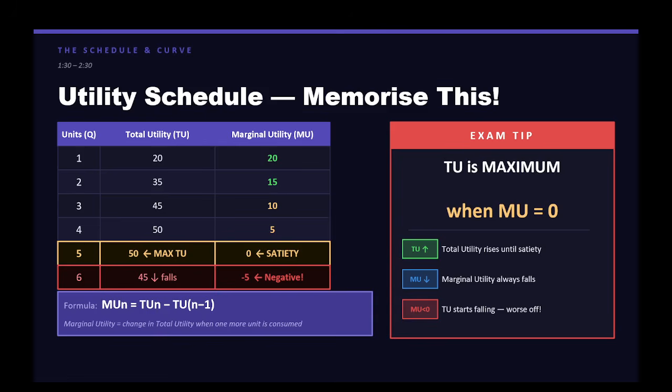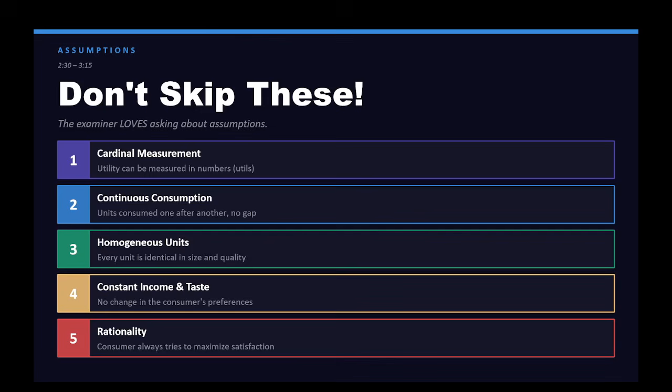Now let's move on to the assumptions of the law of diminishing marginal utility. Cardinal measurement: utility can be measured in numbers. Continuous consumption: you need to consume goods like Coke continuously, or pizza, or tea, or coffee.